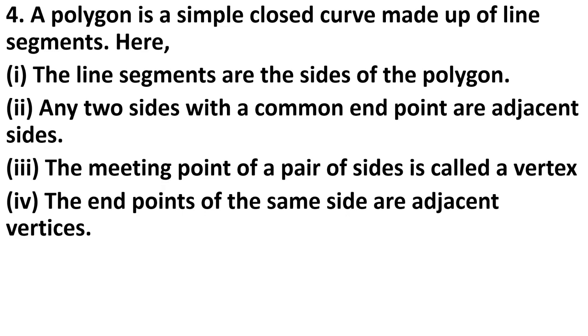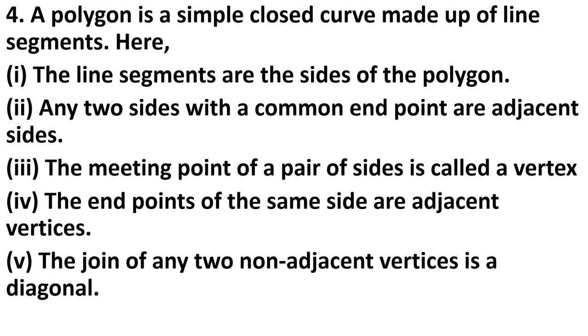Those two endpoints are known as adjacent vertices. The join of any two non-adjacent vertices is called a diagonal. You know the adjacent vertices, but if we join two non-adjacent vertices, that is called a diagonal.